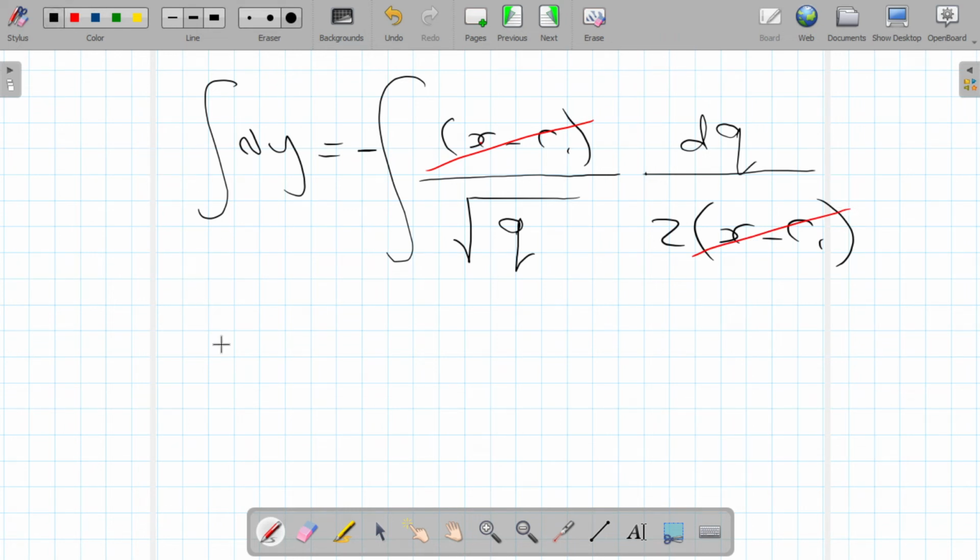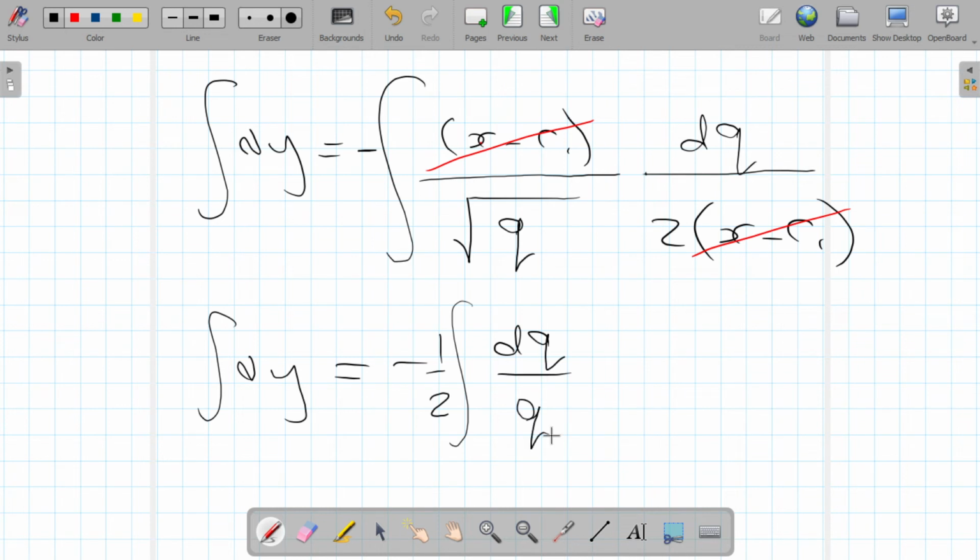We're left with the integral of dy is equal to minus a half of the integral of, how shall I write this? Well, I've got a square root on the bottom, but we can also rewrite what we've got on the right hand side as dq over q to the half, right?